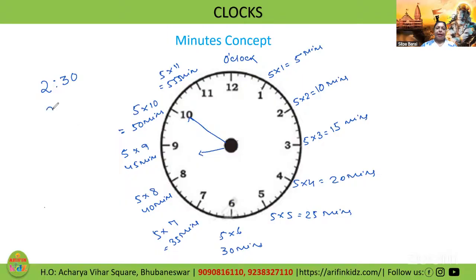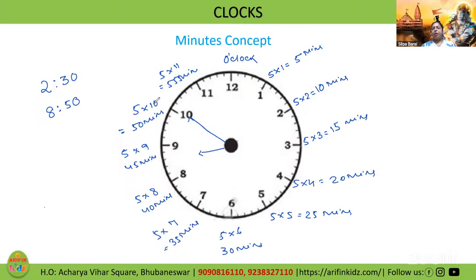It is 8:50. As it is in between 8 and 9, it is very close to 8 beta. It is in between and the minute hand is at 10 means it is 50. Is that clear to all of you?